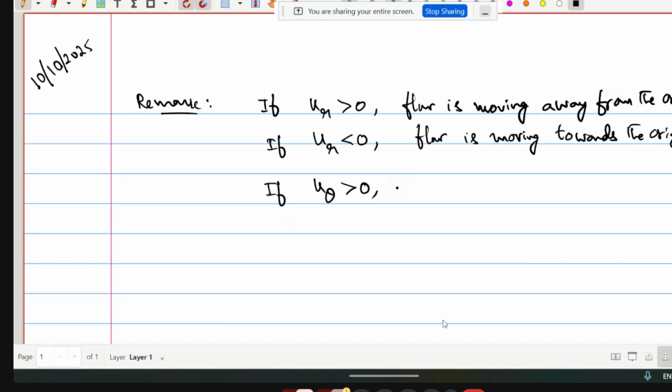Similarly, if U_theta is positive, what is the meaning of this? Can you guess? Theta is not fixed in this case, it is actually anti-clockwise direction.